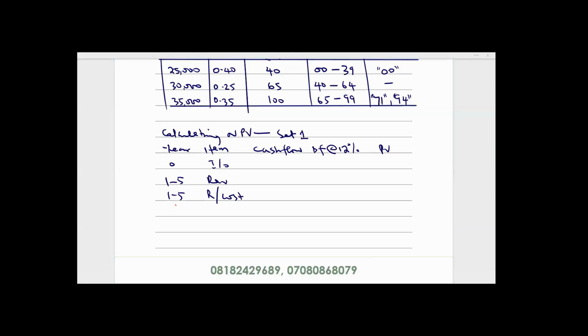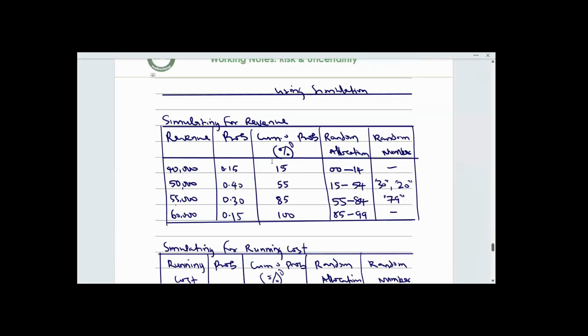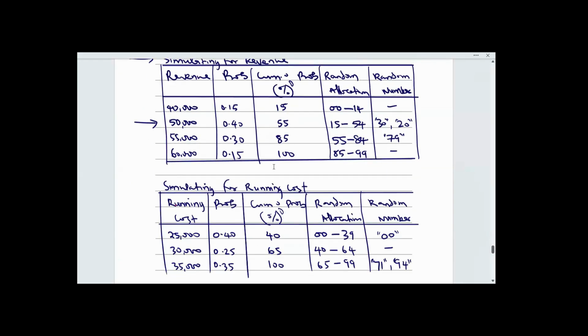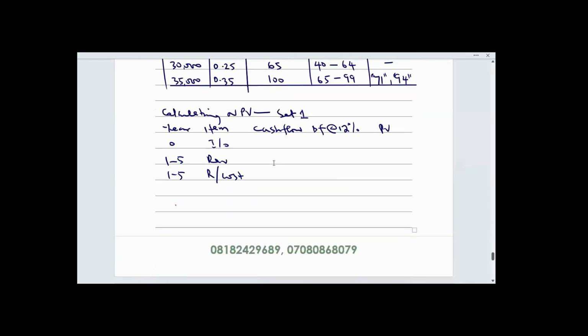Therefore, from my simulation for revenue, 30 is in the second row. Here is 30. So trace it to the left. So the revenue is 50,000. So here will be 50,000.